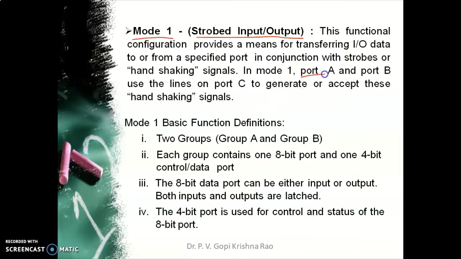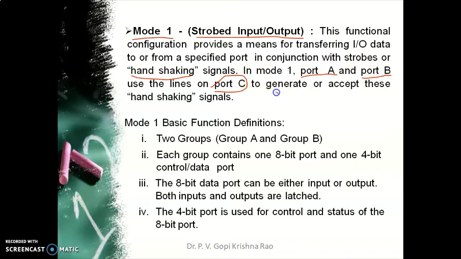In that case, port A will be a port for transmission and reception of the data. Port B will also be a port for transmission and reception of the data. Now port C will provide these handshake signals to support the communication on port A and port B.